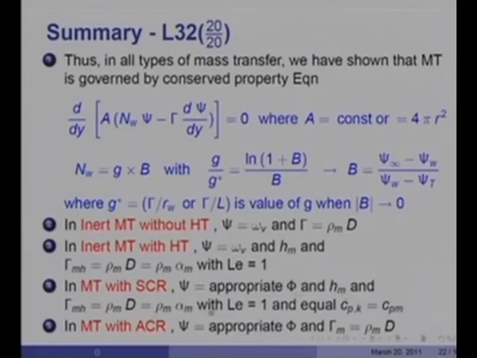We make the Lewis number equal to 1 assumption, and also we say that the specific heat of participating species would be equal to specific heat of the mixture. And in the mass transfer with arbitrary chemical reaction, we showed that psi can be simply appropriate phi and gamma m as rho m diffusivity.